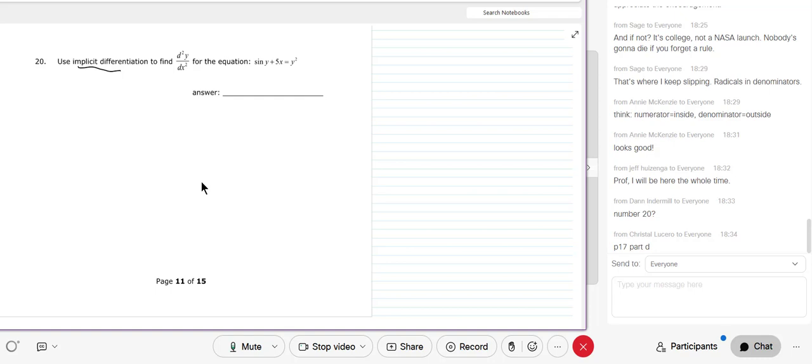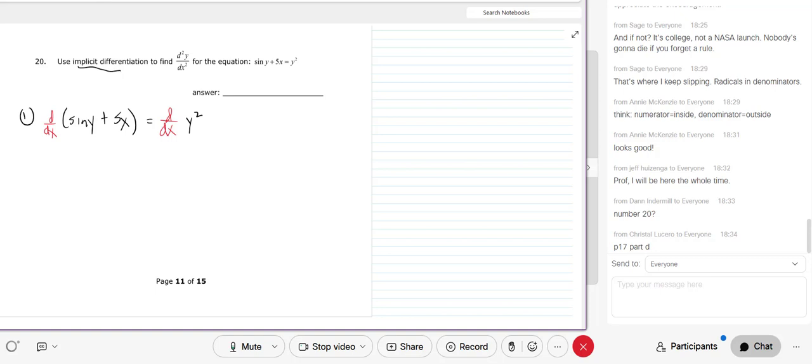The first step is we need to do the derivative of both sides of this equation: the derivative of sin y plus 5x. We're going to do the derivative with respect to x of both sides of the equation.